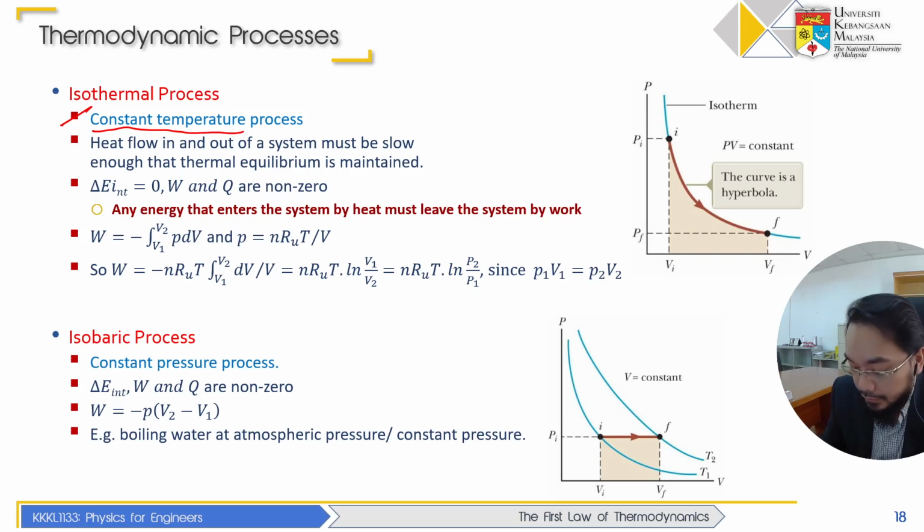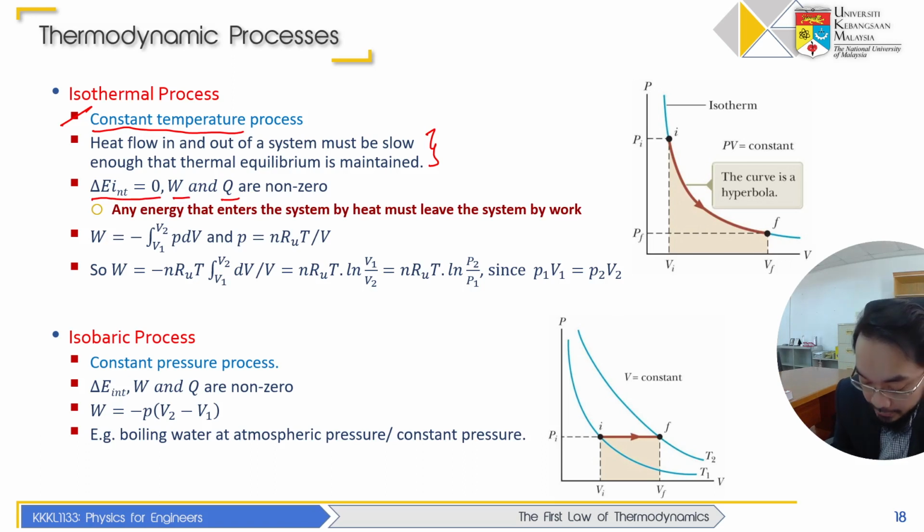That is the secondary condition for an isothermal process: it must be a very, very slow process whereby the temperature does not change. Even when you add a lot of heat transfer into the system, it must be added slowly, in such a way that the temperature stays the same. So the change in internal energy is equal to 0, but W and Q are non-zero.